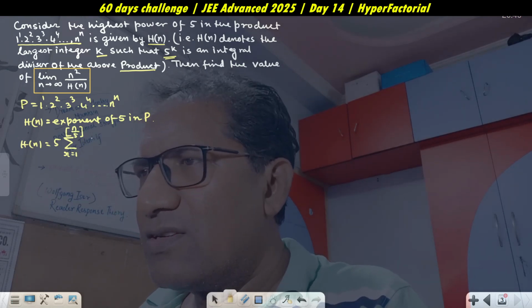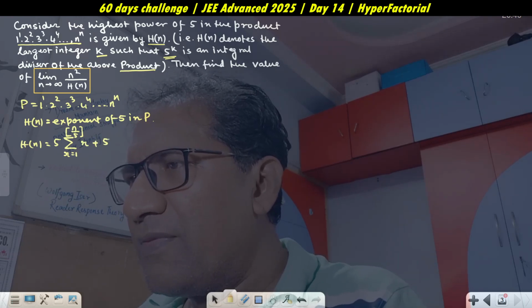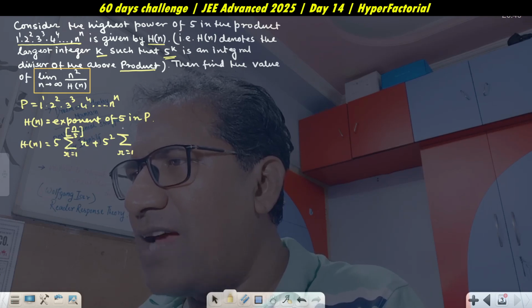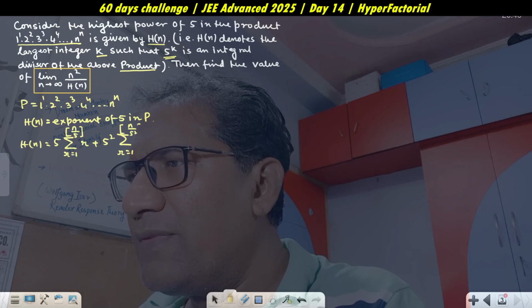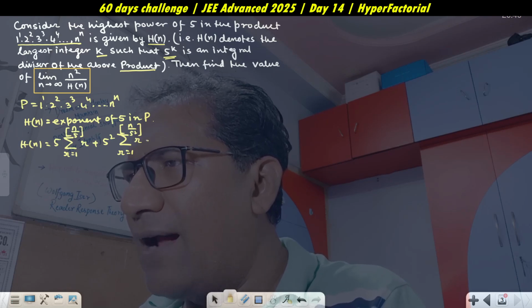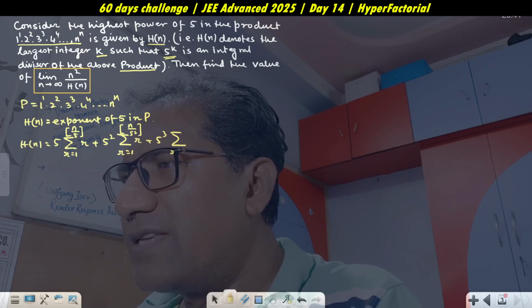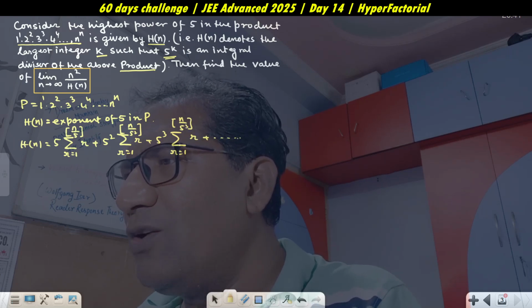Okay. So this is your r plus 5 square, again r starts from 1 floor of n by 5 square r plus 5 cube sigma r starts from 1 to floor n by 5 cube r. And this thing goes on.